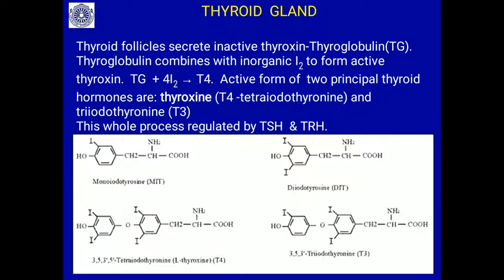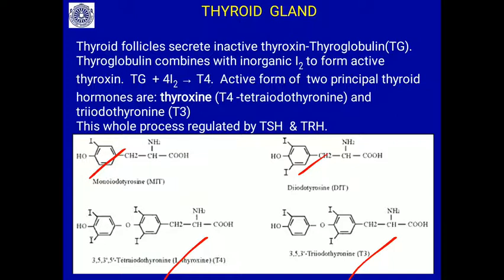If one iodine is combined, it is monoiodothyronine. If two, diiodothyronine; if three, that is T3, triiodothyronine; and if four, tetraiodothyronine. Active thyroxine in the form of T3 and T4, with three or four iodine combined to the thyroglobulin.